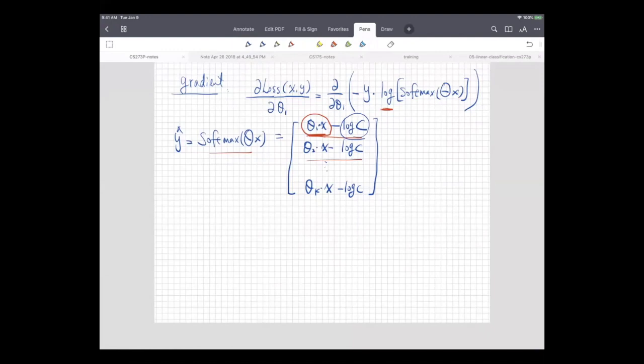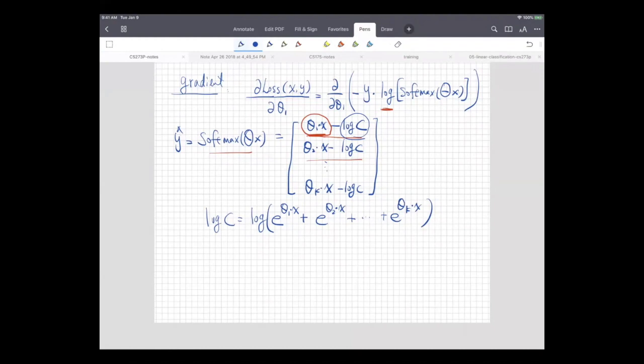It is the log of exponential e to the theta 1 x plus exponential e to the theta 2 x, up to exponential e to the theta K x, and then take the log of that.